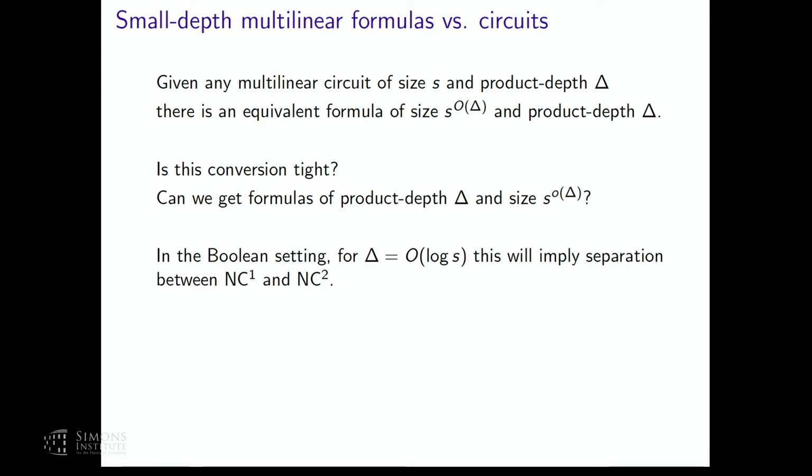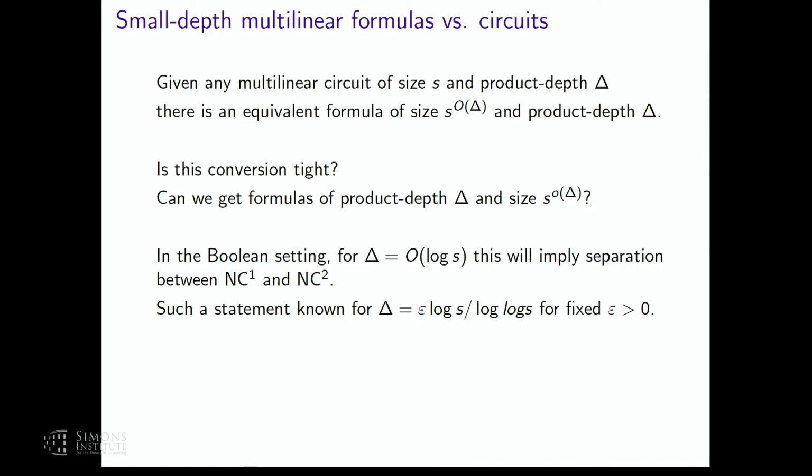So here is where I'll mention the result Avi was pointing out. Settling such a question in the Boolean world would imply a separation between NC1 and NC2. And such a statement is in fact known.